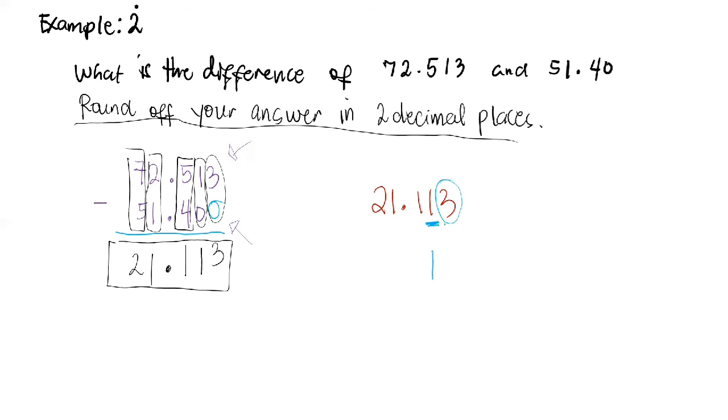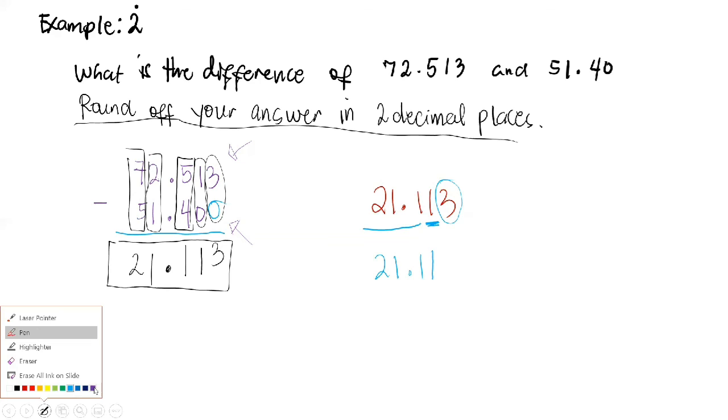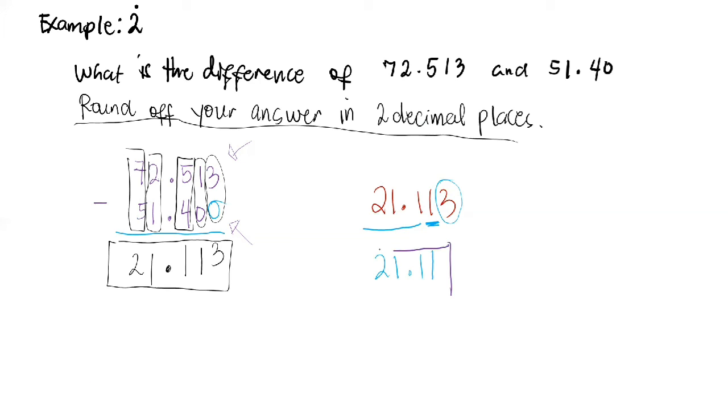Since it becomes 0, no need to write the 0. And then copy the digit to its left. It becomes 21.11 hundredths. So therefore, our final answer here is 21.11 hundredths.